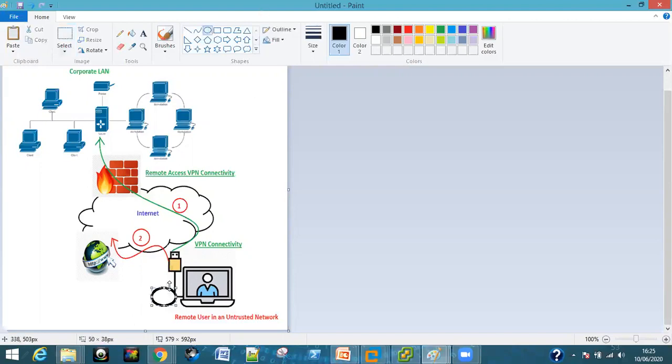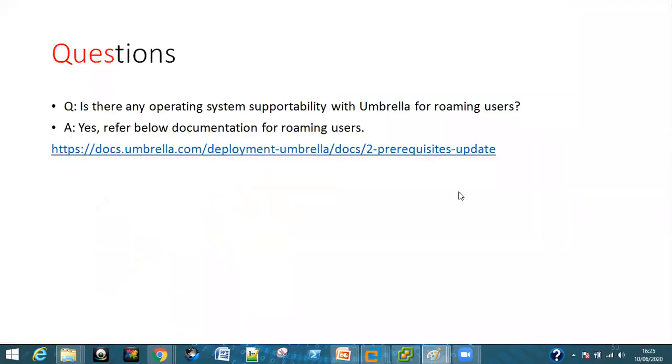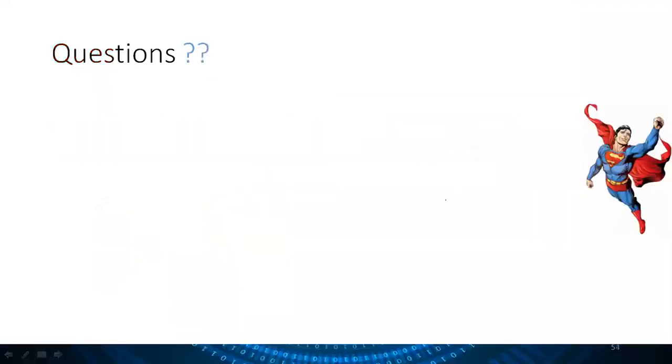The second option is to integrate that client with your AnyConnect client, which is already installed on your laptops. If you are using a Palo Alto or Checkpoint VPN client, you have to install a new client on your workstations to enable the roaming user profile. Any questions?